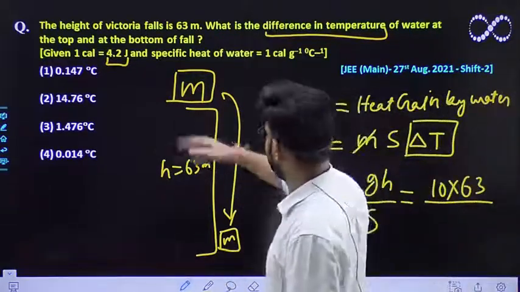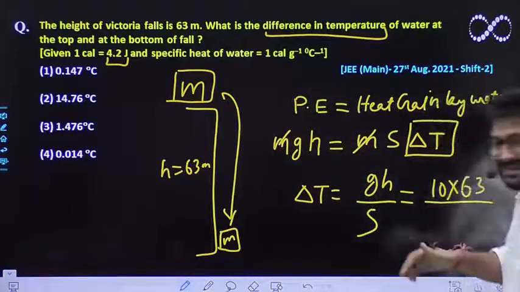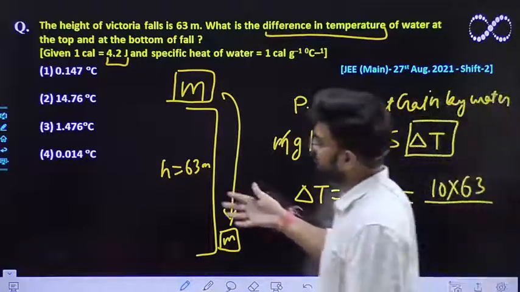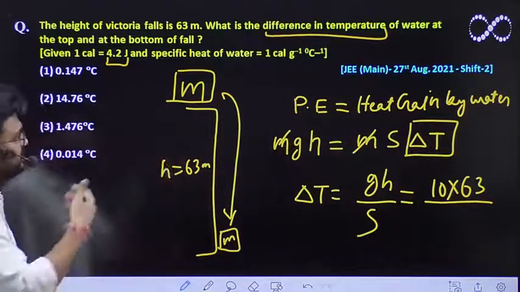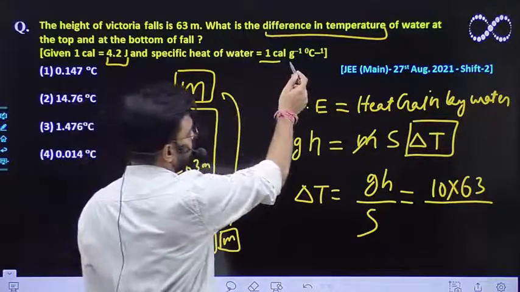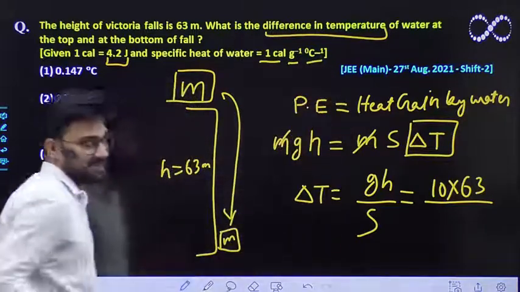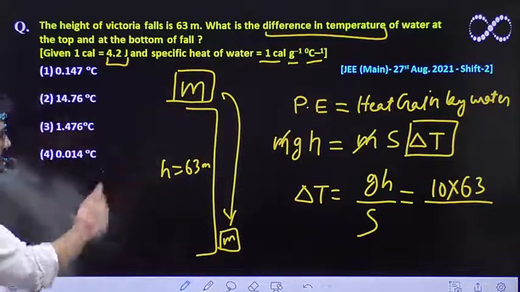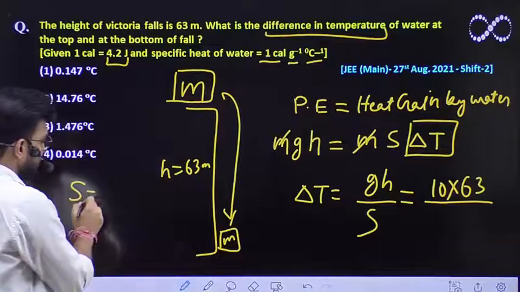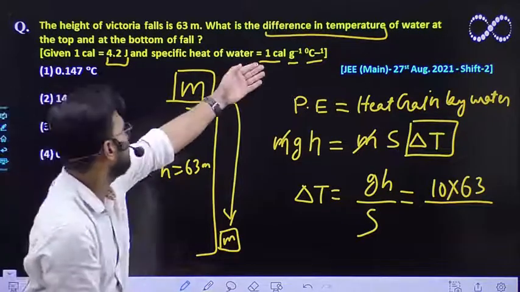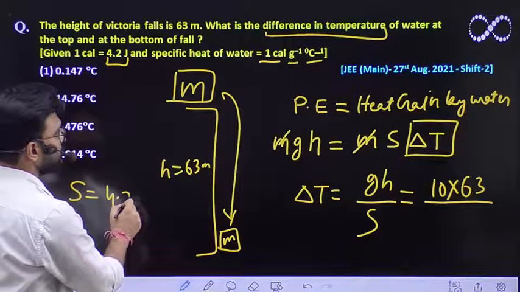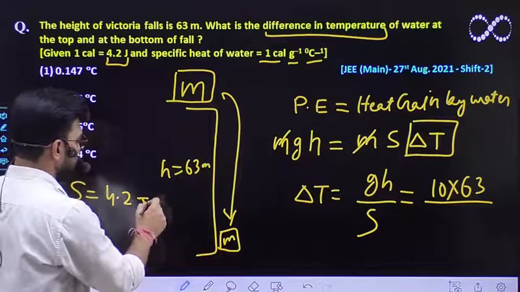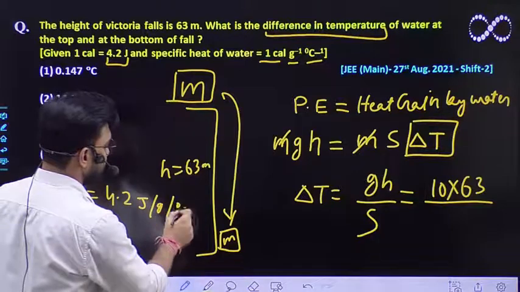And what is specific heat of water? Because all these terms are in SI system, you have to convert the specific heat of water in terms of kg, in terms of joule per kg per degree centigrade. In that form, because 1 calorie is equivalent to 4.2 joule, specific heat of water can also be written as 4.2 joule per gram per degree centigrade.